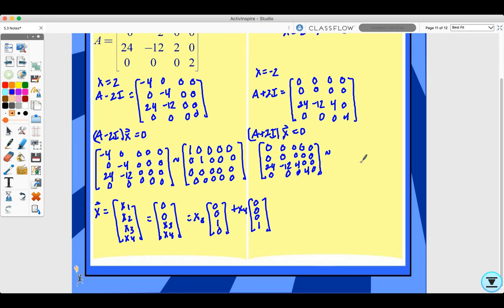I'm going to move row 4 to row 2 and take 1/4 of that. And then interchange row 1 and row 3 and row 2 and row 4.